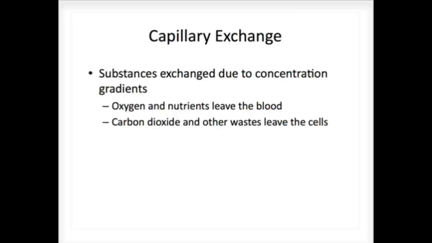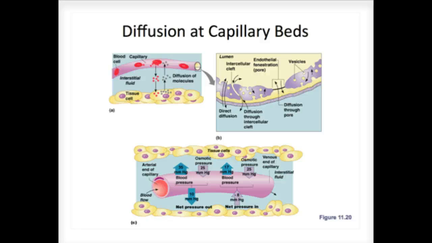So when we do have blood flowing to particular areas, we have what's known as capillary exchange. We see all the good stuff come in, we see all the bad stuff leave. And the bad stuff is basically associated with metabolic waste, carbon dioxide, uric acid, all of that stuff. Now, at the capillary beds, we have two primary driving forces. We have basic diffusion, so concentration gradients. We also create what's known as osmotic pressure.